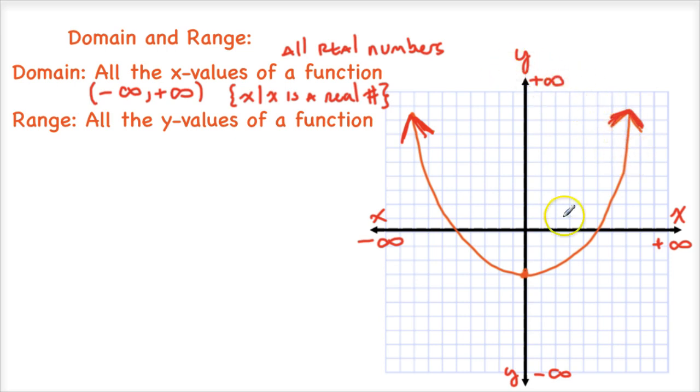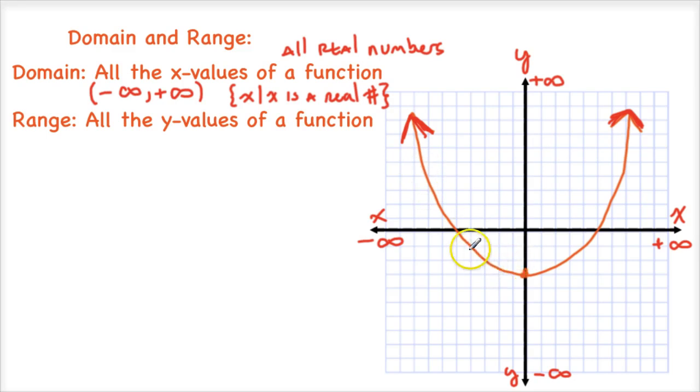On the range, the y goes up to positive infinity because of the arrows. That's pretty easy. But now when we're coming down here, I want to see basically where this graph stops on the y-axis, right? Because it doesn't go any lower than right here. So if you think back to a set of ordered pairs to describe the domain and range, you can start picking out all the points that are on here and see a general trend.